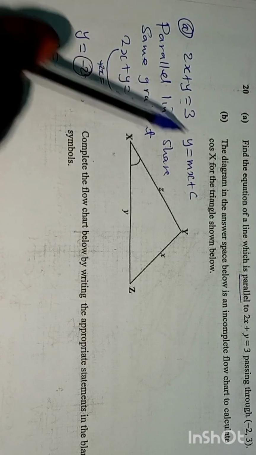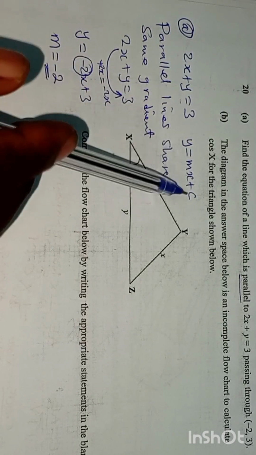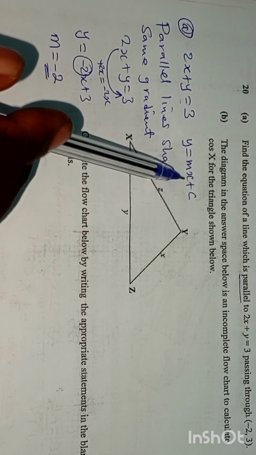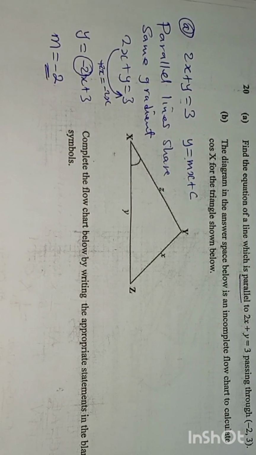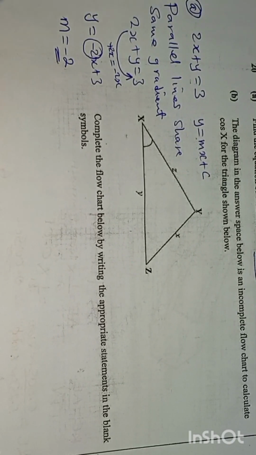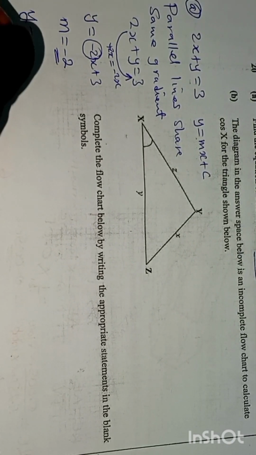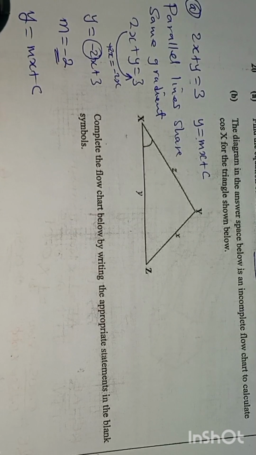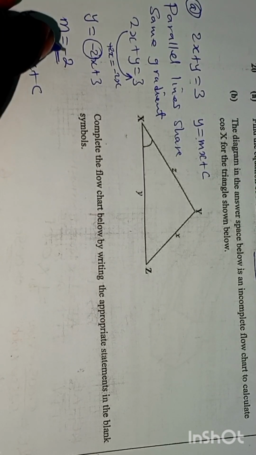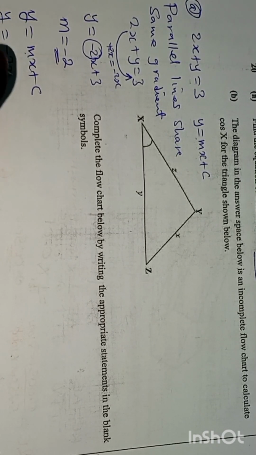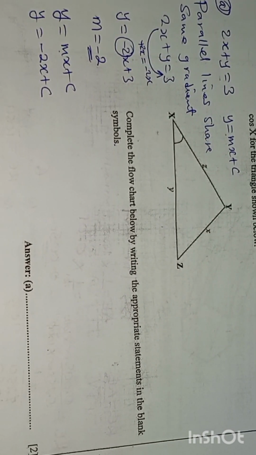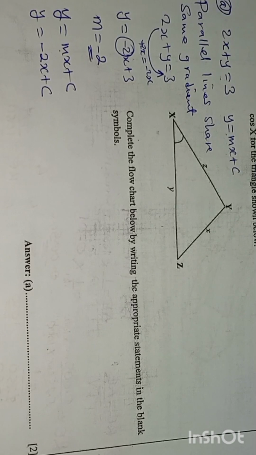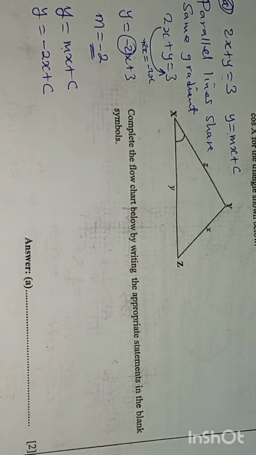Therefore, the gradient of the other line is also negative 2. Why? Parallel lines share the same gradient. So now we can say y equals mx plus c. The gradient of this line is negative 2, so y equals negative 2x plus c. Now we are going to find c, which is the y-intercept.